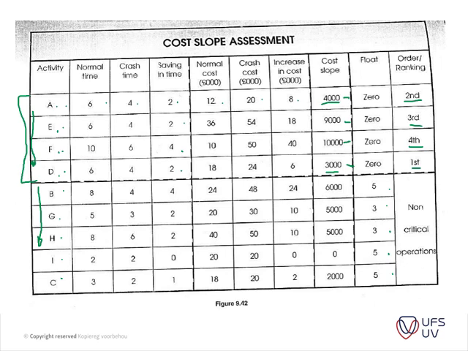Okay, please guys, this is also explained very well in your textbook, so please read through that. So scenario 1 is a reduction of 5 weeks in the project duration in order to complete the project by week 23. The effect on the direct and indirect costs will be considered in order to achieve this reduction. So you're given the scenario that you need to reduce your time duration by 5 weeks.